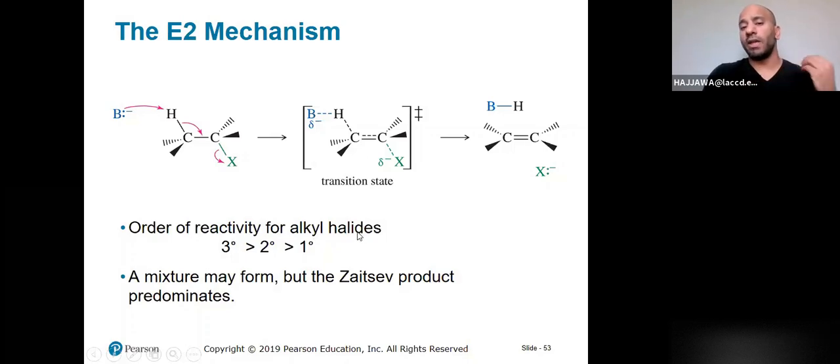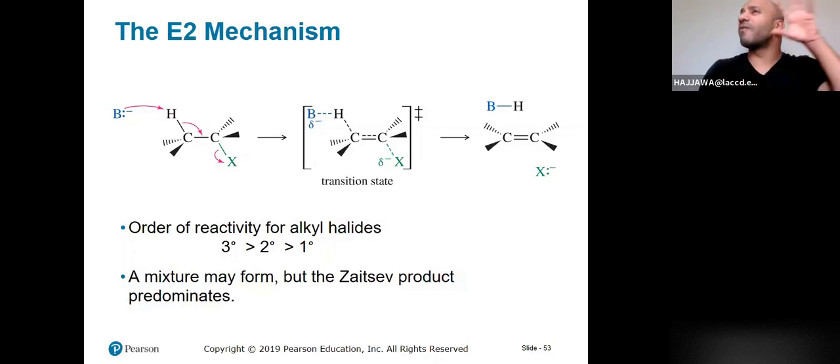The order of reactivity in an E2 mechanism, when I start with an alkyl halide, will always prefer the tertiary halide, then the secondary, then the primary. The halide will be kicked off more easily when it's a tertiary alkyl halide, which is why in E2 the tertiary goes faster than a secondary, than a primary. It's different from an SN2.